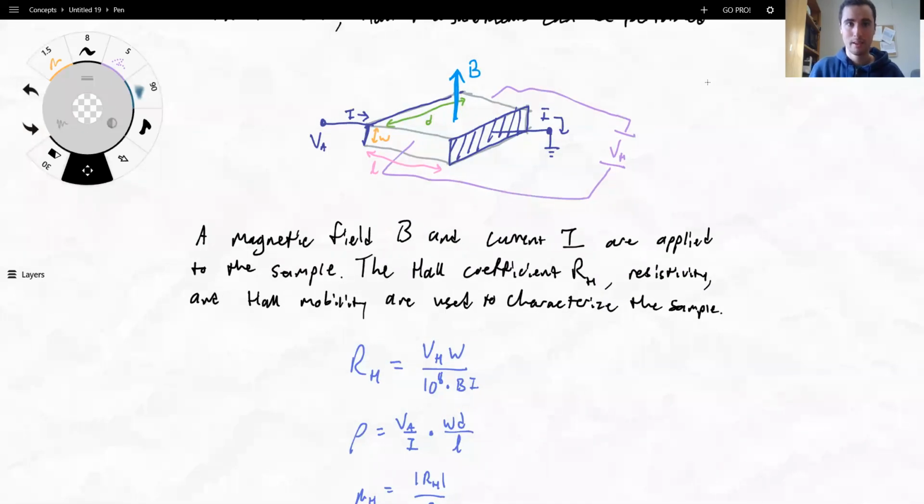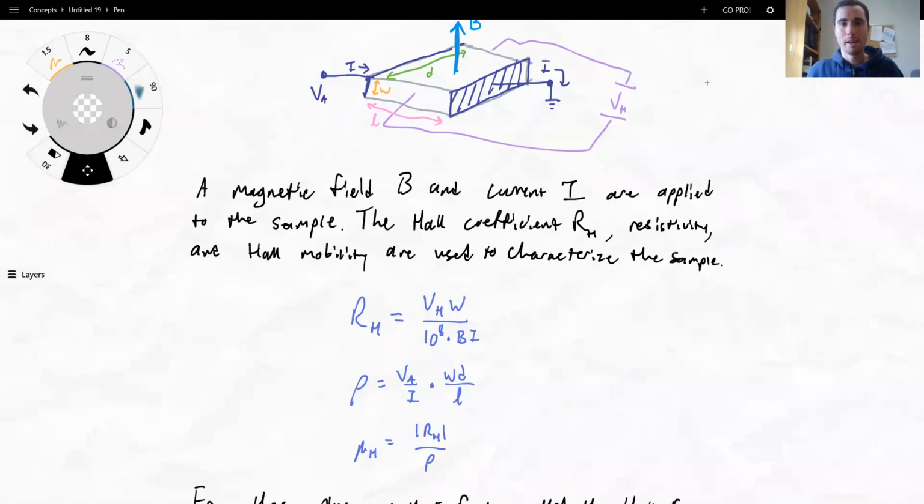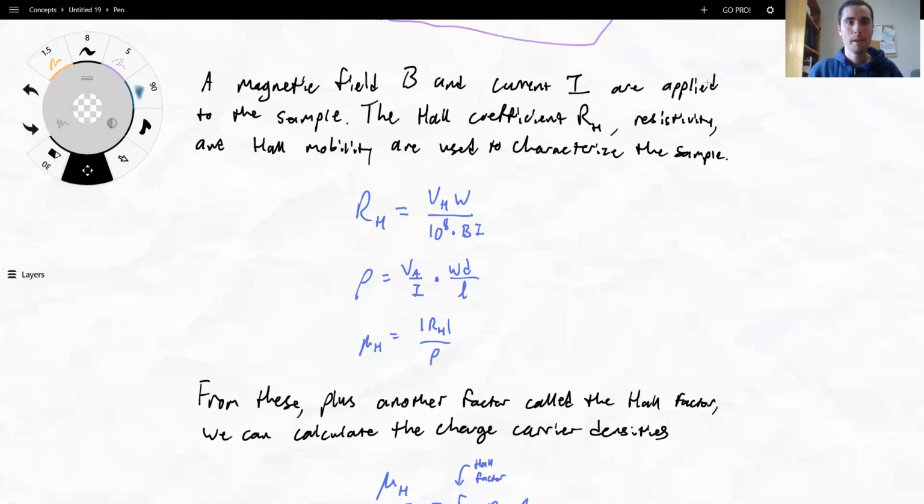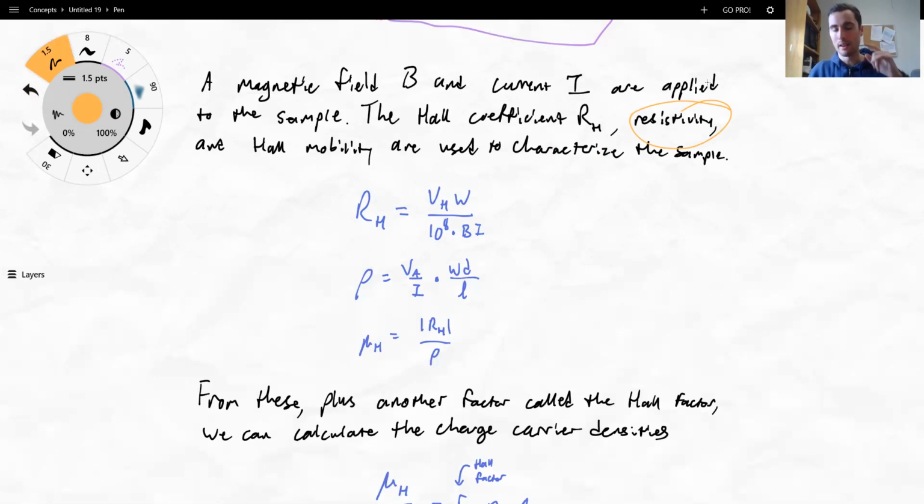All right, so we are applying a magnetic field B, a current I. We have a width, a length, and a thickness, right? So we want to calculate this thing called the Hall coefficient, which is R sub H. We can calculate the resistivity, which you can do when the magnetic field is 0.